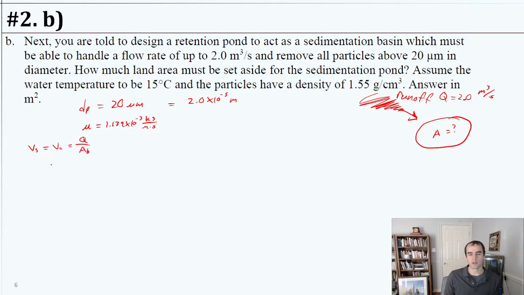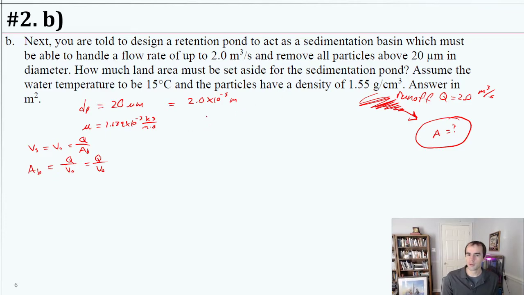So when we want to solve for the area of the basin, we can simply say that the area of the basin is going to be Q over V naught, where we set the critical velocity to be the sedimentation velocity Vs of this particular type of particle. So the area of the basin is just Q over V naught.